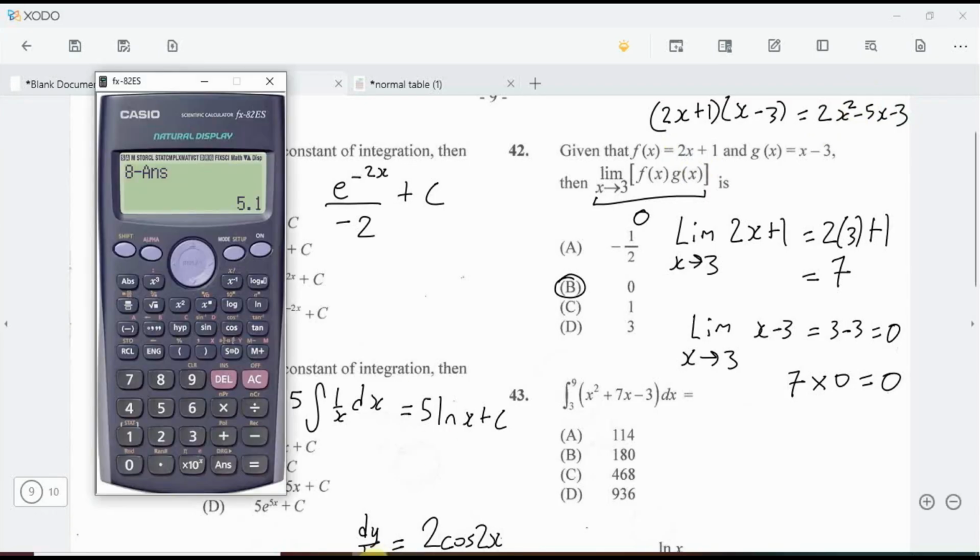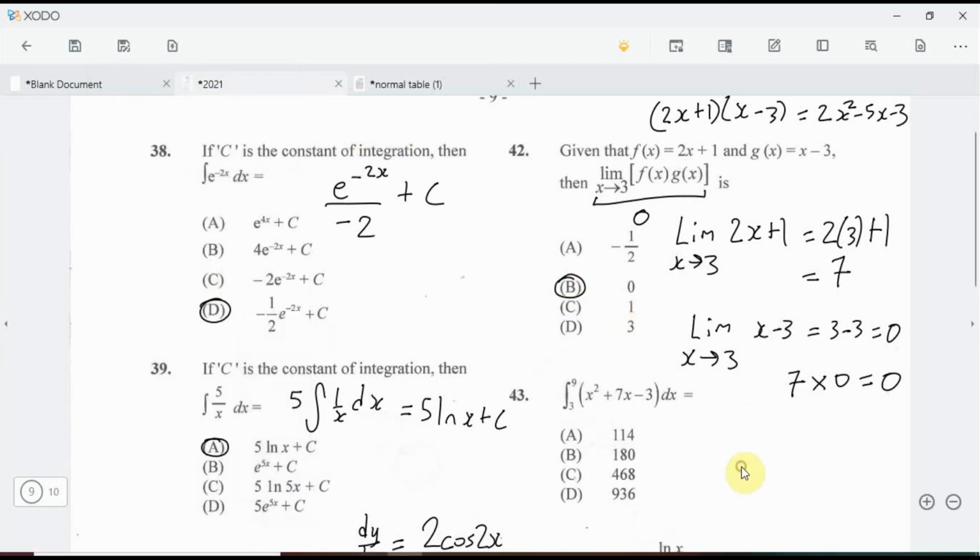The 2 times 3 squared minus 5 times 3 minus 3, you're still going to get 0. I'm saying don't do it the hard way, expand and then plug in 3. Why not just find the limit of the first one, find the limit of the second one, then multiply them.